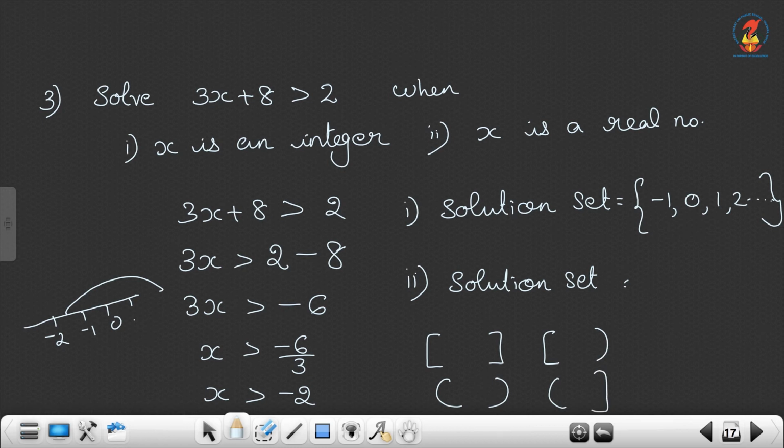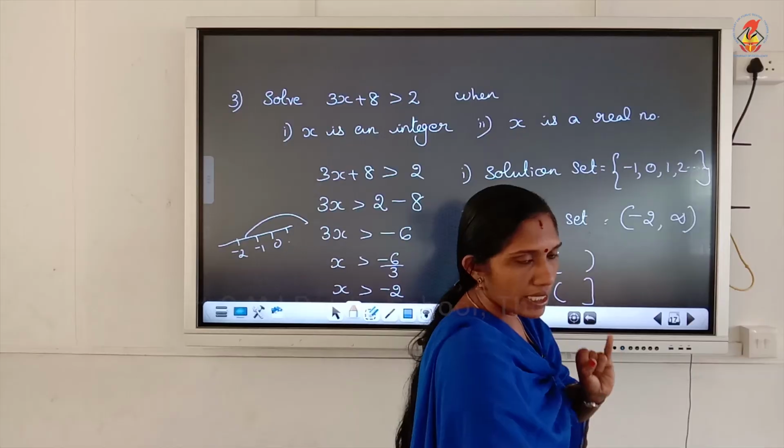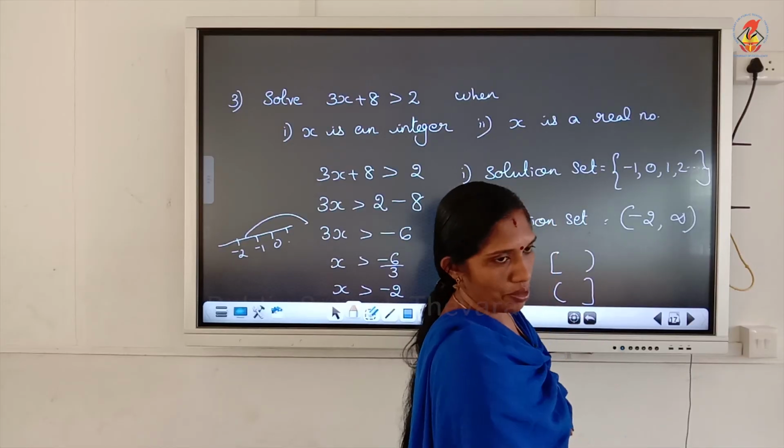So x is greater than minus 2: minus 2 to infinity, open at minus 2, since it is only greater than. If it is equal, put the closed symbol, otherwise open. For real numbers only we use this interval sign. For integers and natural numbers we don't use it.